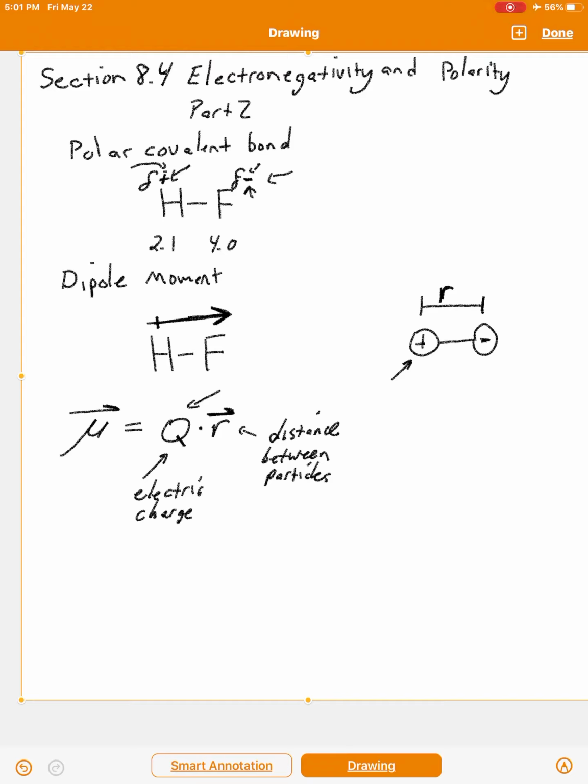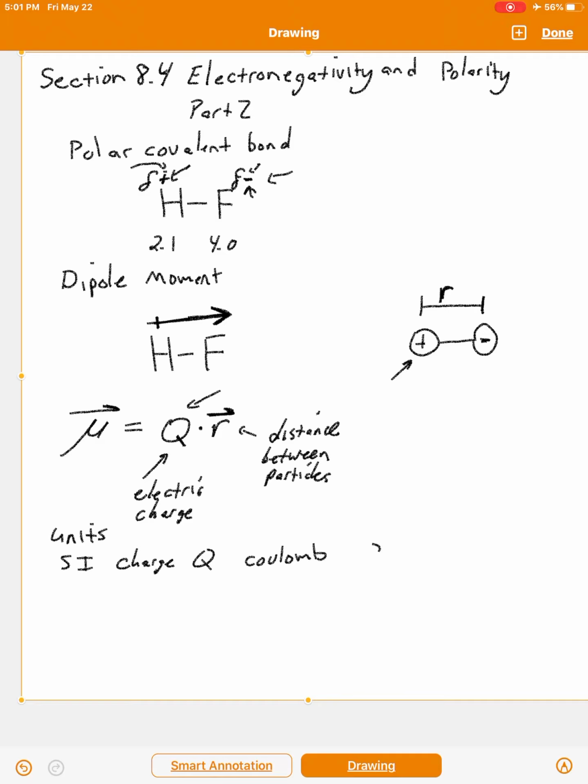Okay. Now, what happens is if we start thinking about units, the SI unit for charge, Q, is the coulomb. Okay?